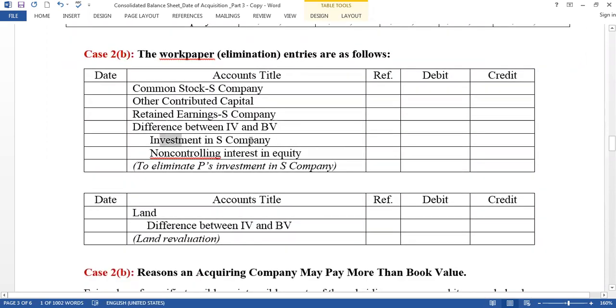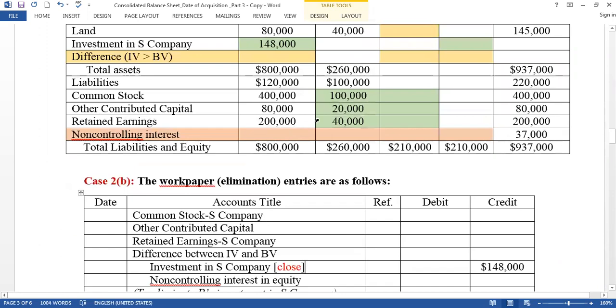So now we record investment in subsidiary on the credit side. When we record this item on the credit side, this account is closed.